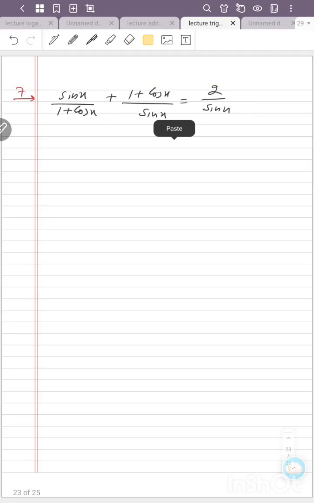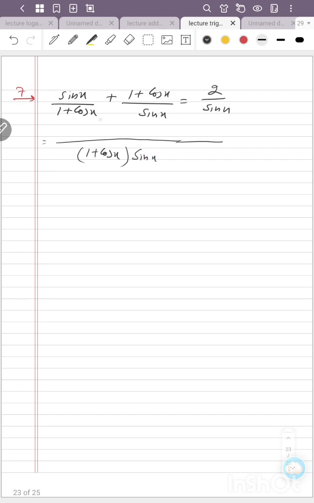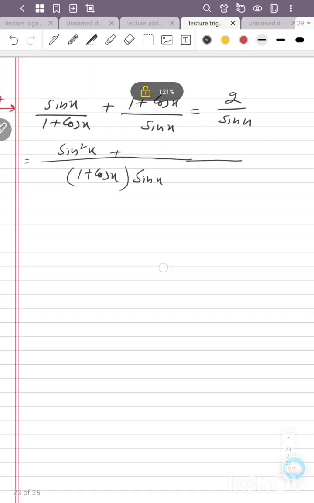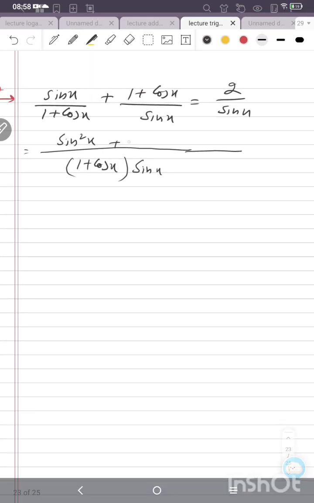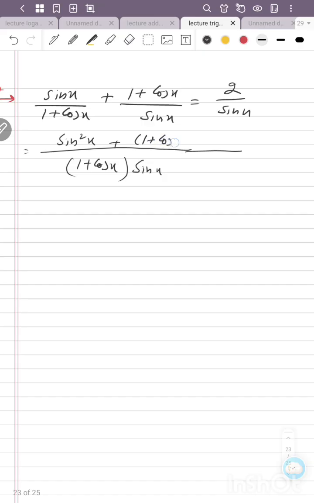Okay, now how to solve this one? First of all, we take the LCM on the left hand side: 1 plus cos x times sine x. Sine x times sine x will be sine square x, and we get 1 plus cos x whole square. Now sine square x plus 1 square plus cos square x plus 2 cos x.